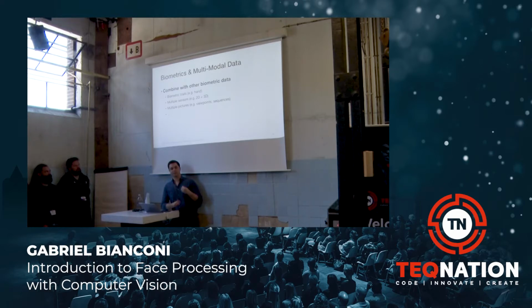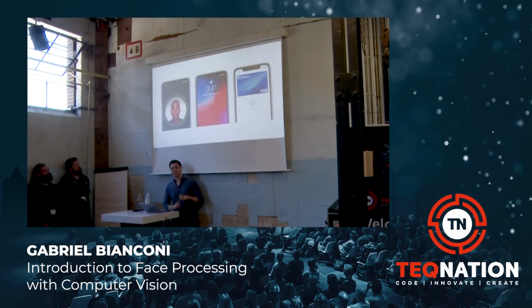People are also looking at combining multiple viewpoints or multiple pictures from a video and so on, and using that to have a better prediction about whatever you're looking at. So again, like I mentioned, this is an example of Face ID. It's not only looking at the picture of your face, but it has a laser sensor that's creating a coarse 3D scan of your face and using that to do the facial recognition here.